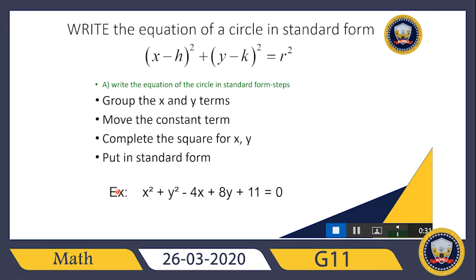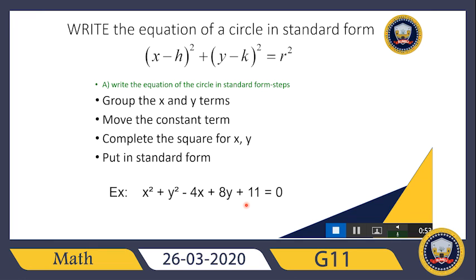In this question we don't have the standard form of the circle, so we have to transfer this form into the standard form. Normally we are given an equation like this: x squared plus y squared plus some terms with x and y and some constants.